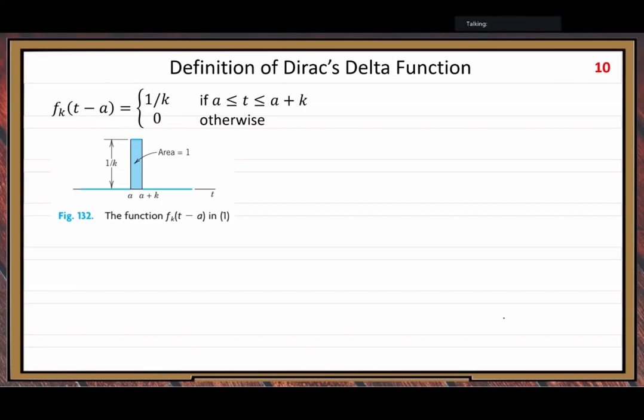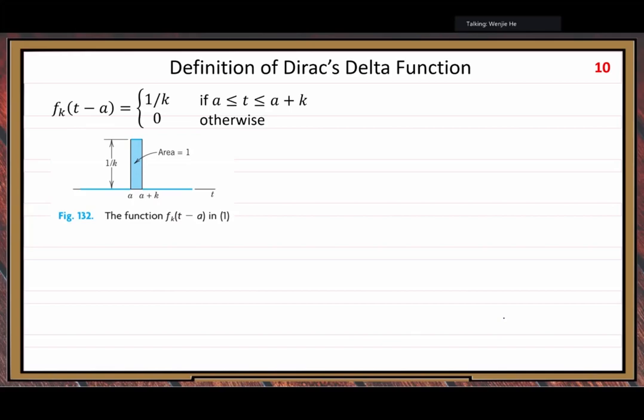Now we want to change this k. k is a parameter, so we can adjust it. We want to make it approach 0, not infinity. Make this k very small.